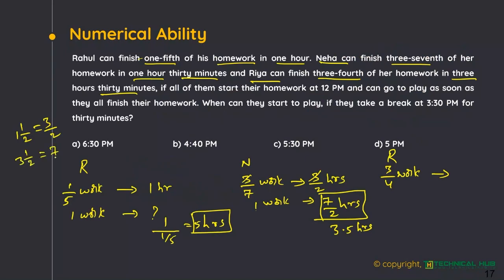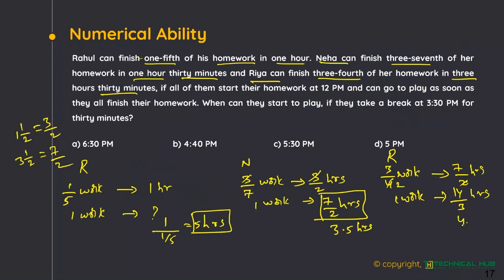Now here you can cancel the 2s. The total work can be finished by Ria in 14 by 3 hours, which is equal to 4.66 hours. This is the time period of Ria.